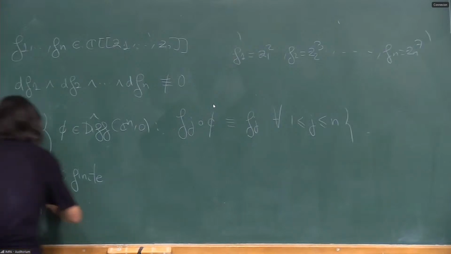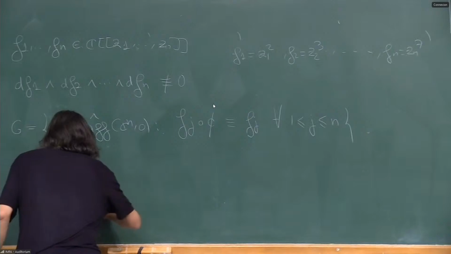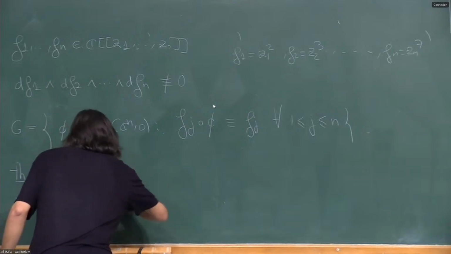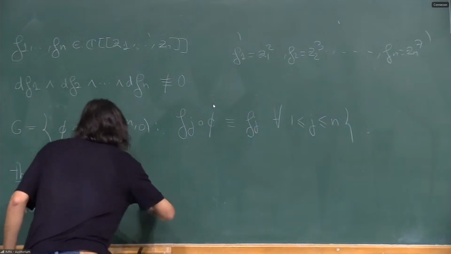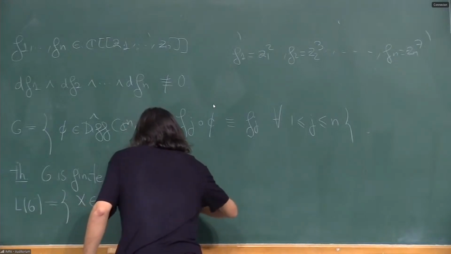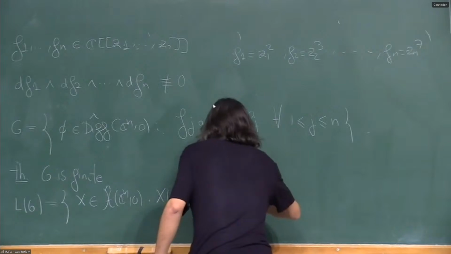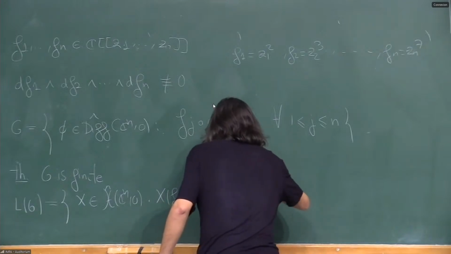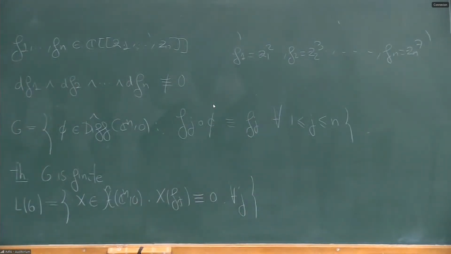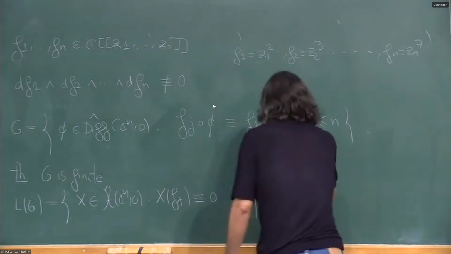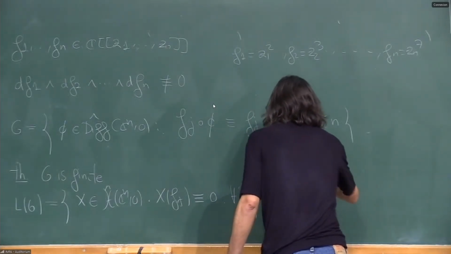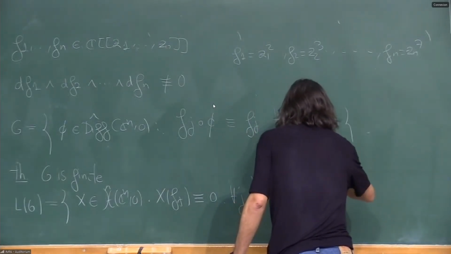So it's going to be the Lie algebra of formal vector fields such that X of Fj is equal to 0 for every j. And precisely here, I'm going to write it down, even if maybe it's trivial for you, in coordinates.